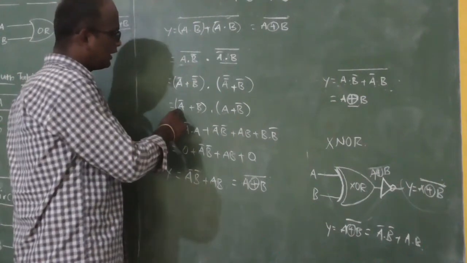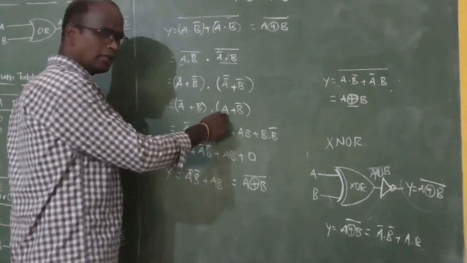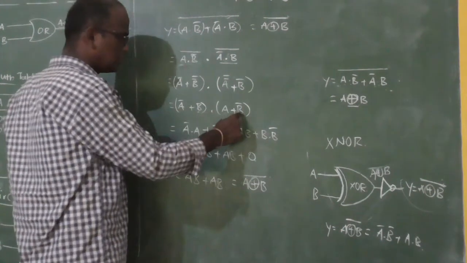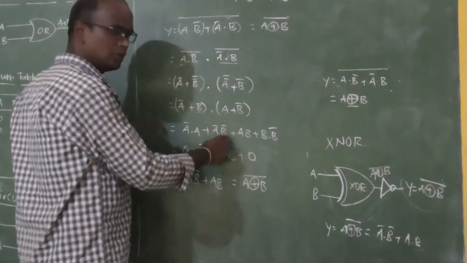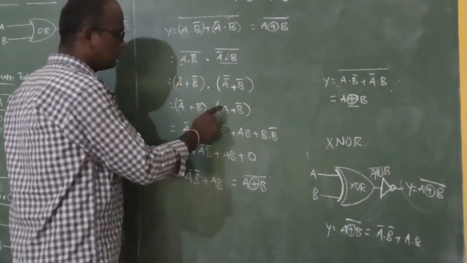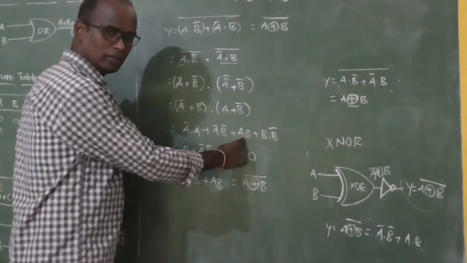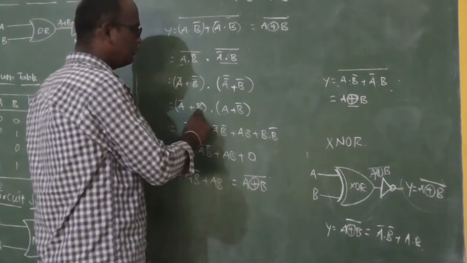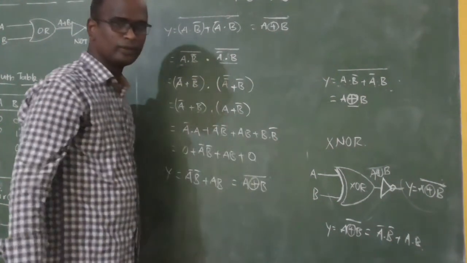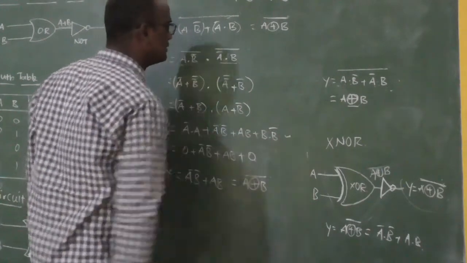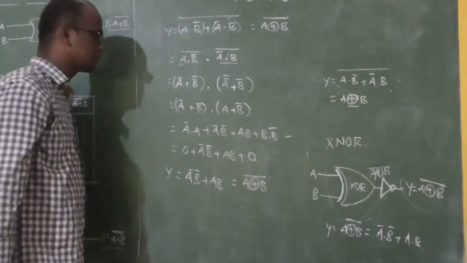That is a bar dot a plus a bar dot b bar, plus a dot b, or b dot a, whatever it is, and finally b dot b bar. So we get the result as this equation.